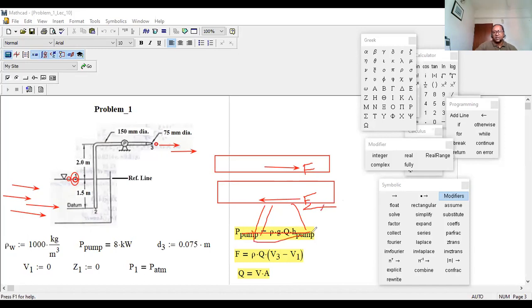But what will be at the bottom then? At the bottom it will be along this direction, right? So you see, you have this support, say supporting your pump with two angles, right?